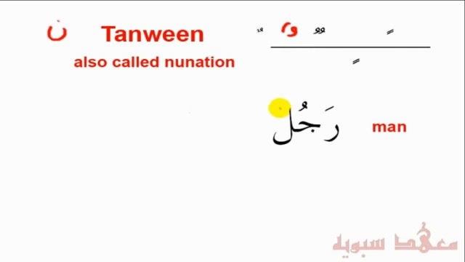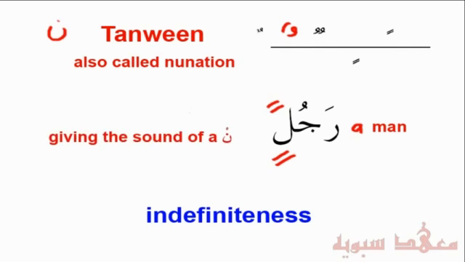Either the two dhammas, the two fathas, or the two kasras. So either rajulun, rajulan, or rajulin. They all indicate a man. So the main usage of tanween is indefiniteness. So it's giving the sound of a noon with a sukoon at the end of the word.